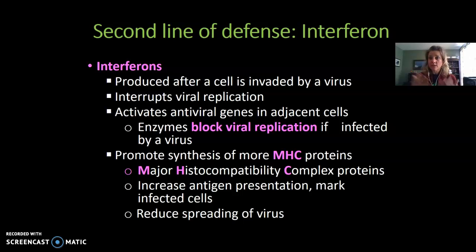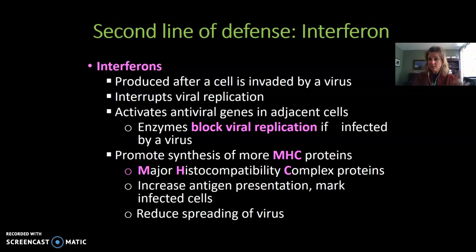These are proteins that are displayed on the surface of all of our body cells that label our body cells as being self, as being a part of us. It is what makes my cells different from your cells. And it's going to upregulate or increase the amount of MHC proteins that are found on our cells. And what that means is that it's also going to increase antigen presentation.